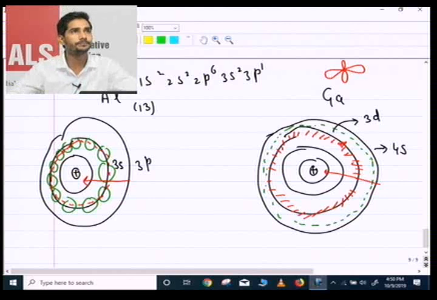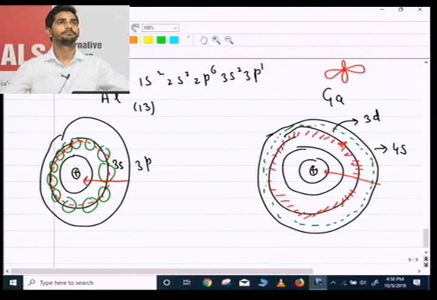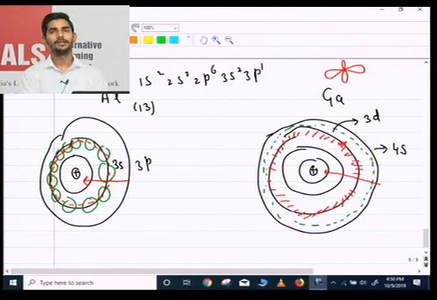Am I clear? Shillong, are you clear with your doubt? Guys, please tell me, is it clear to you why gallium has a smaller size than aluminium? Guys, are you sleeping?